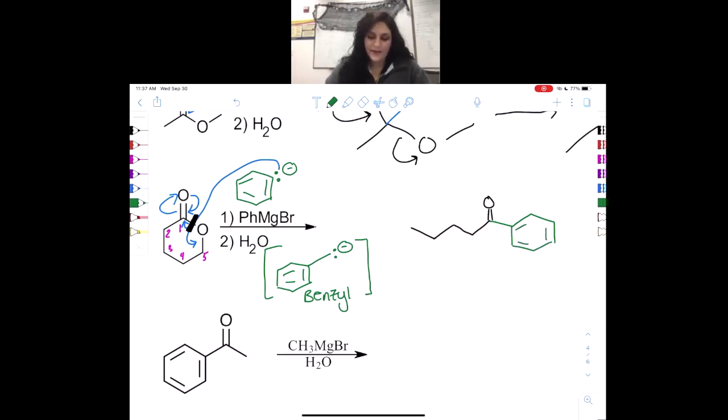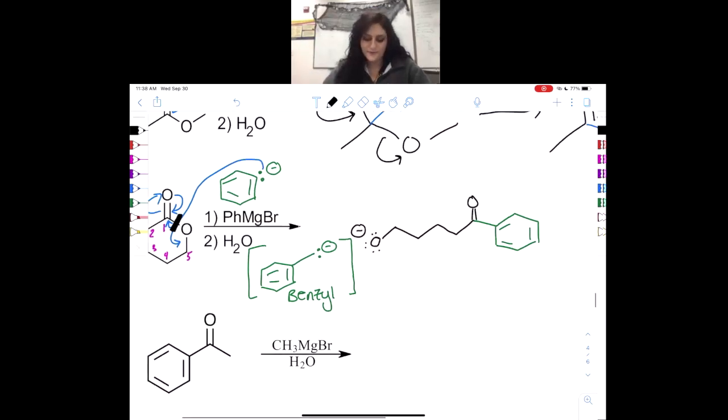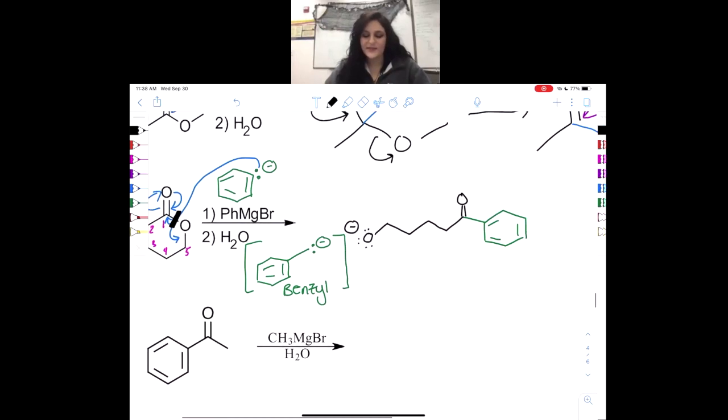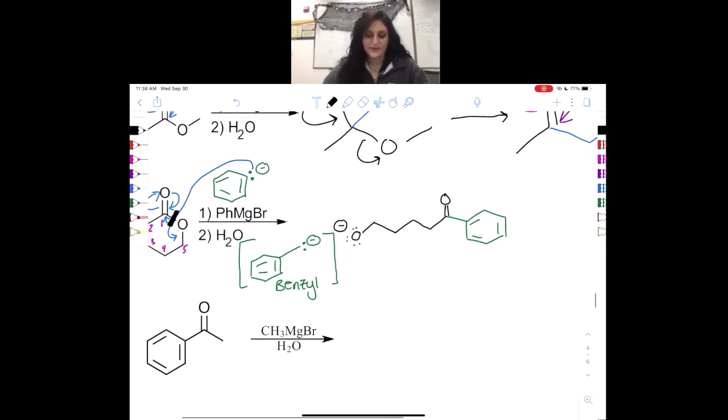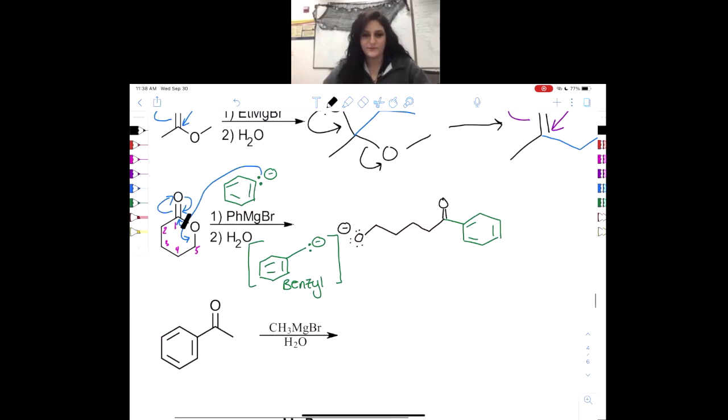And then on carbon 5, we know that we have our O minus, because the leaving group, since it's a ring, doesn't actually leave. The ring just gets broken open. And so now at this point, yes, we need to protonate, but I like to save the protonations for the end just so we can protonate them all at once. Doesn't matter how you do it.